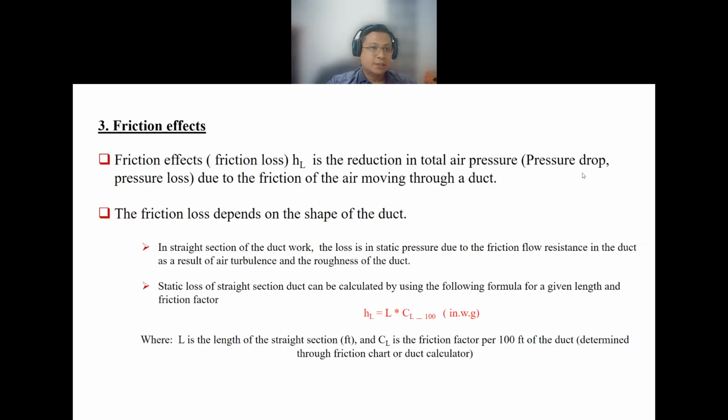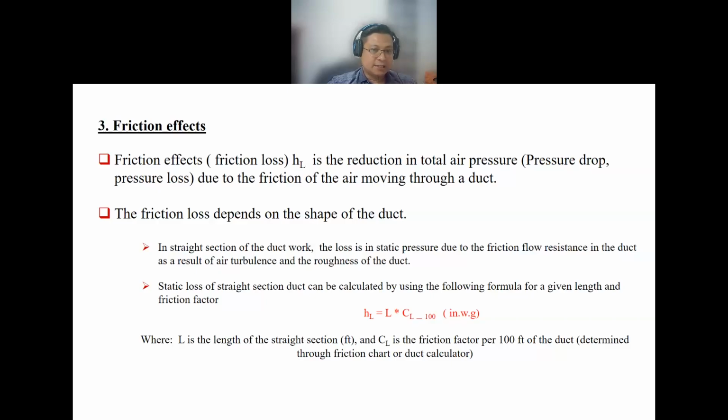Okay, now we go to discuss the friction effect. Friction loss, head loss, is the reduction in the total pressure, pressure drop, pressure loss due to the friction of the air moving through a duct. The friction loss depends on the shape of the duct, not only the material itself, but also the shape. In straight sections of ductwork, the loss in static pressure is due to the friction flow resistance in the duct as a result of air turbulence and the roughness of the duct.